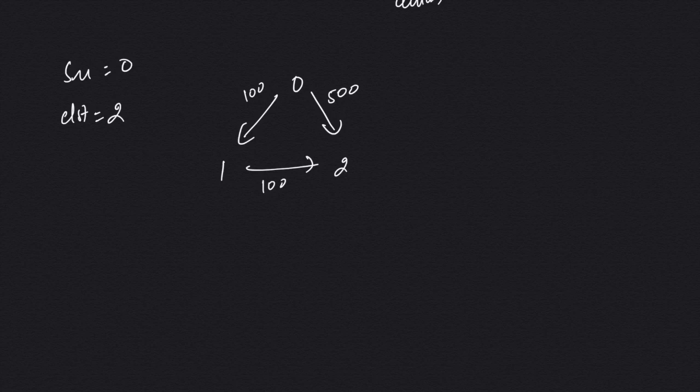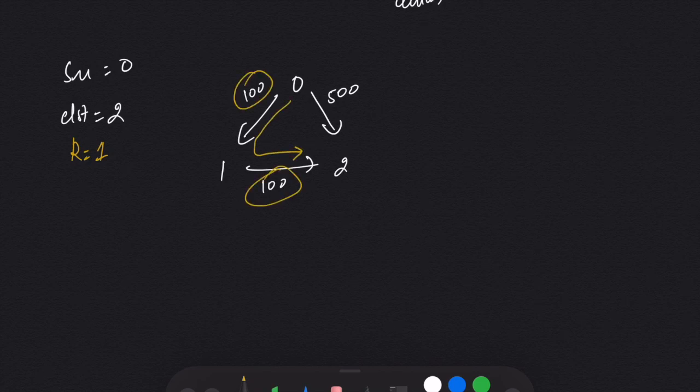And we need to tell the cheapest price we can reach from 0 to 2. For this example, our number of stops is equal to 1. So we can easily tell that we will take this path, as the sum of price is equal to 200, which is less than 500.